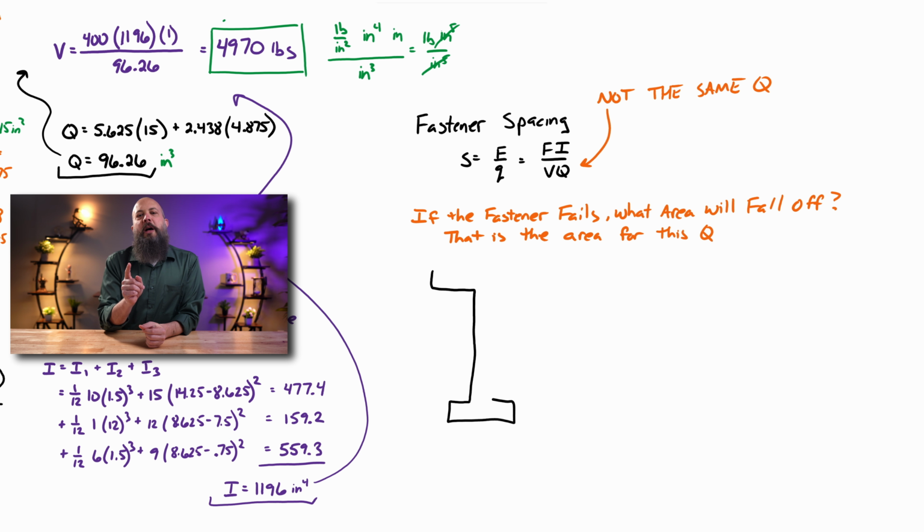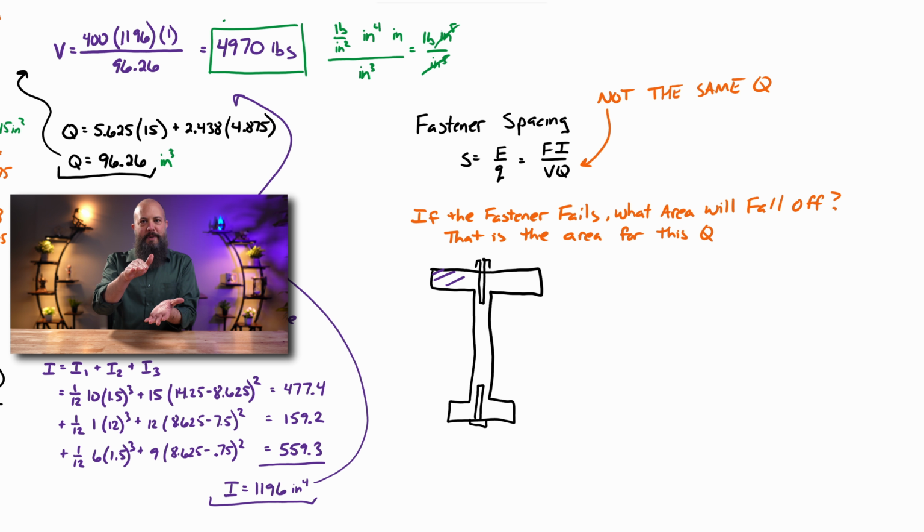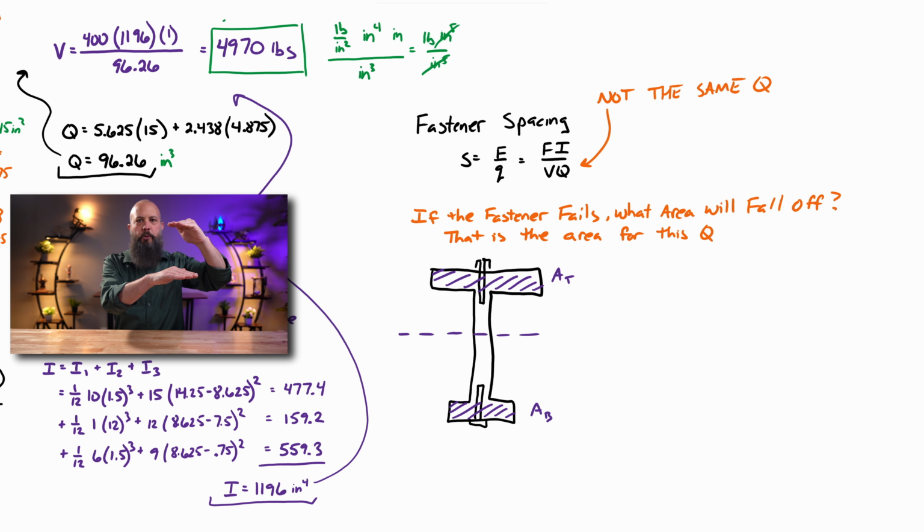But if we're worried about the nails failing, then we only need Q at the place where the nail would break. So for this built-up beam, if the nail at the top were to fail, the wood down by the centroid is not what would break. The part of the area that would fall off if the nail broke is only the top part of the beam itself.